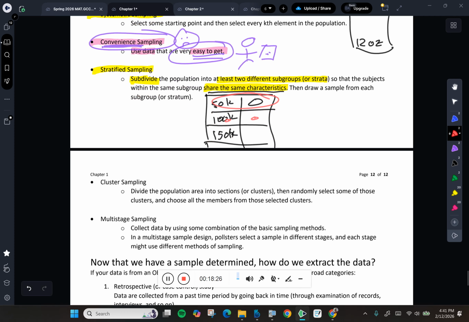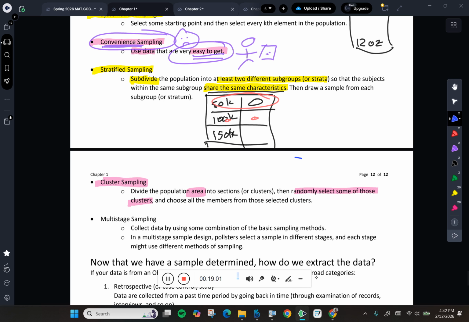Right? Cluster sampling. Cluster sampling is a technique that's usually used if you want to divide the population into areas and then randomly select in those clusters. Okay? So let's say you were going to survey people who live in Phoenix, and you wanted information about how they felt about a new bill being introduced in the Arizona State Senate.